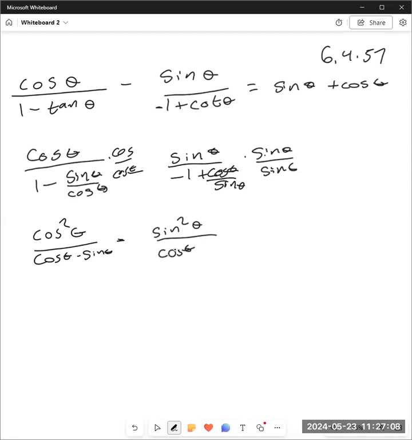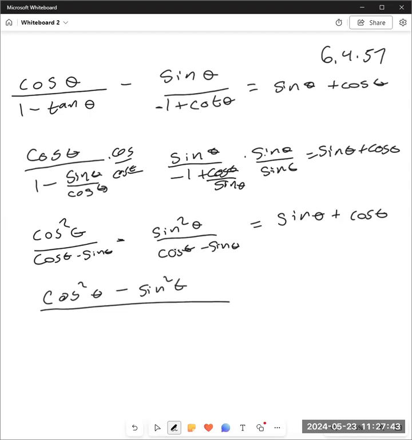I'm just going to write it so it's obvious that it's a common denominator, like that. And then this is going to be sine theta plus cosine theta. Then we're going to have cosine squared theta minus sine squared theta over cosine theta minus sine theta.